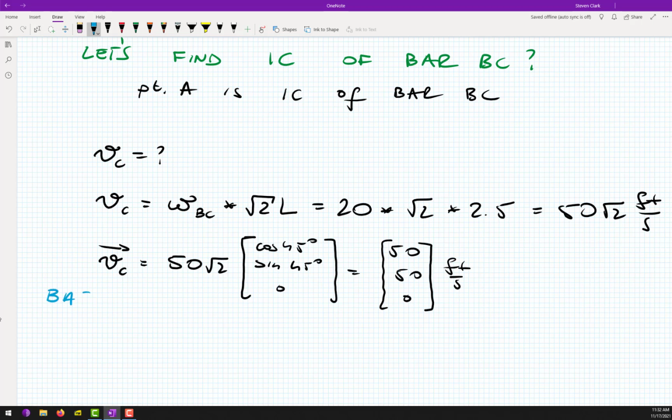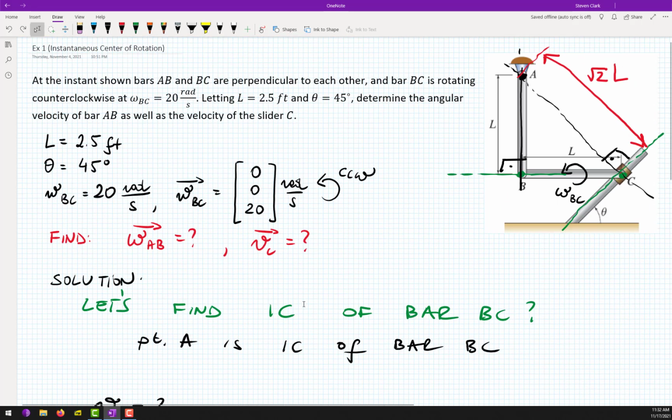You can put it in your notes. So this is 50, 50, 0, and not minus 50, minus 50, 0. Why do I know that? Because I can equally flip that vector, based on this counterclockwise rotation.